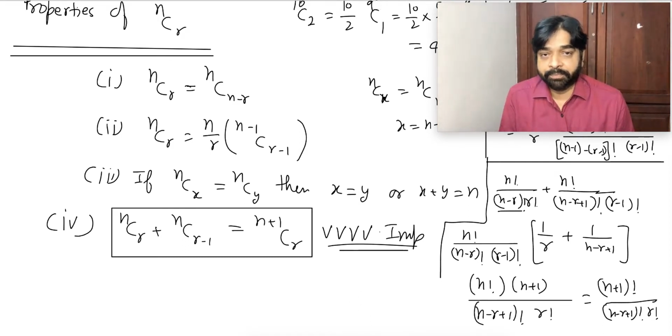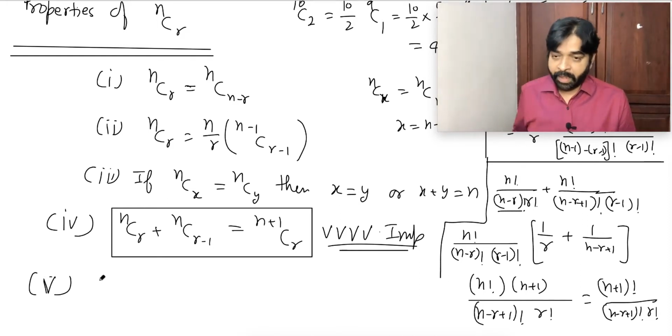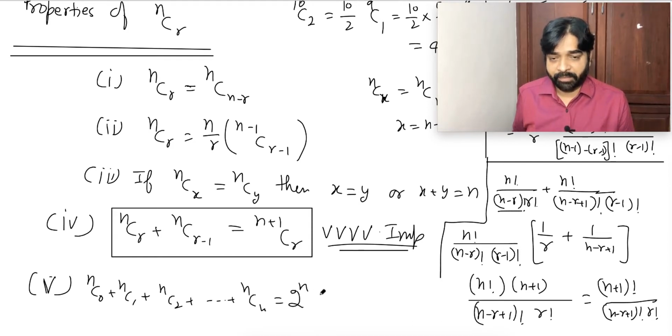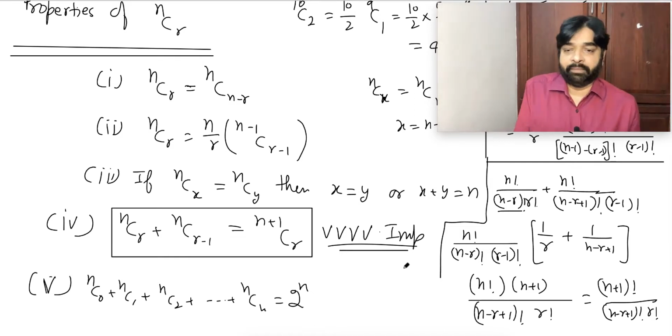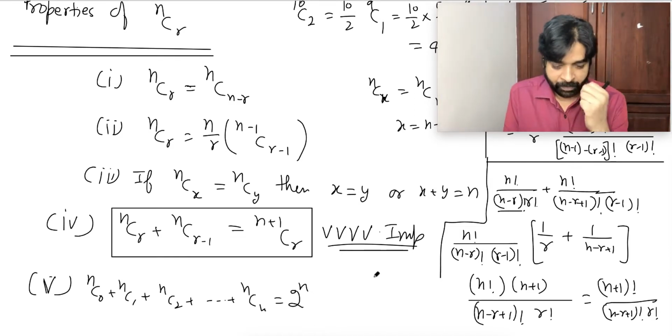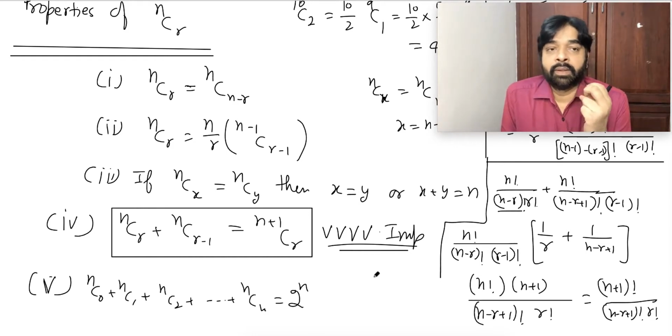Next one. NC0 plus NC1 plus NC2 plus so on NCn is always equal to 2 power n. Always equal to 2 power n. This proof can be done in two ways.